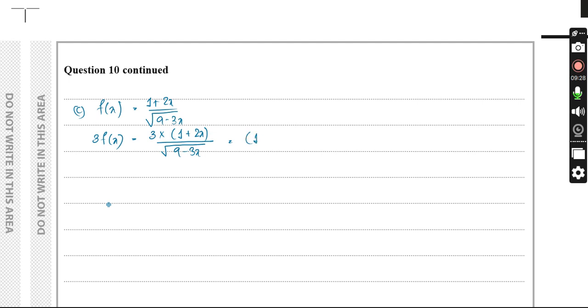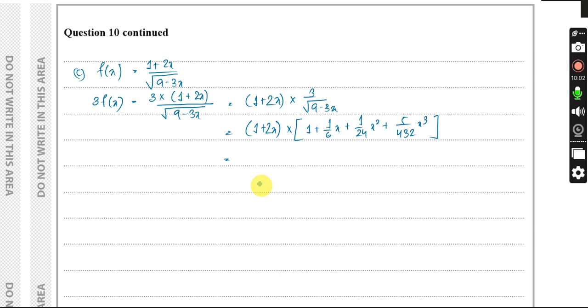So if I just separate this and write it separately, (1 plus 2x) multiplied by 3 by root over (9 minus 3x), we know it from part B. So it will be (1 plus 2x) multiplied by (1 plus 1 by 6x plus 1 by 24x squared plus 5 by 432x cubed). So we need to multiply 1 and 2x separately with the expansion of part B.